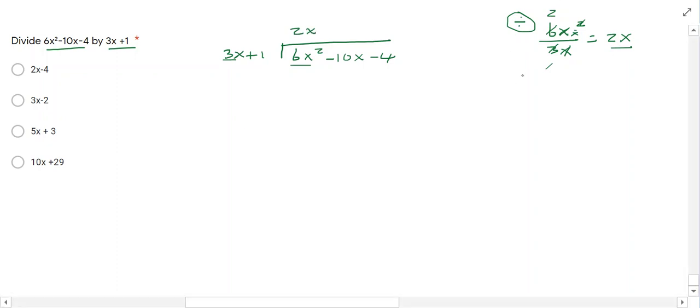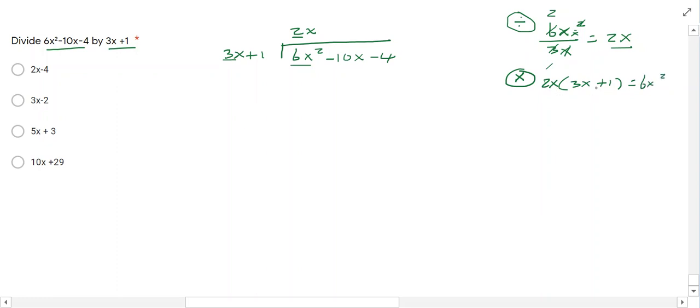The next part then is the multiplication phase. So you're multiplying this term by the shorter expression. So what does that look like? It'll be 2x multiplied by 3x plus 1. And that's going to be equal to, so 2x by 3x is equal to 6x squared.